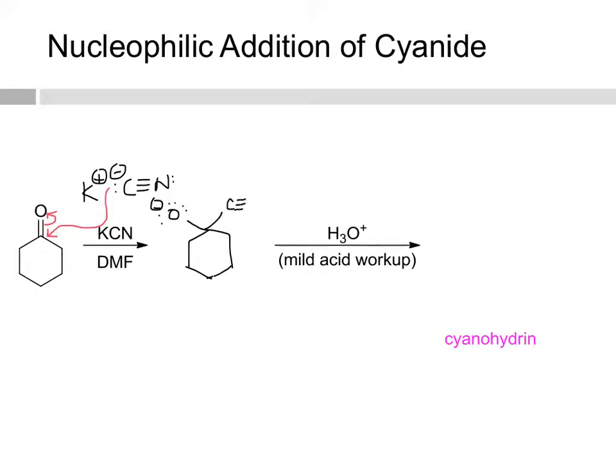We have now formed our carbon-carbon bond. This is our new carbon-carbon bond that we have made, and upon workup with mild acid, we can protonate that alcohol. This functional group is called a cyanohydrin.